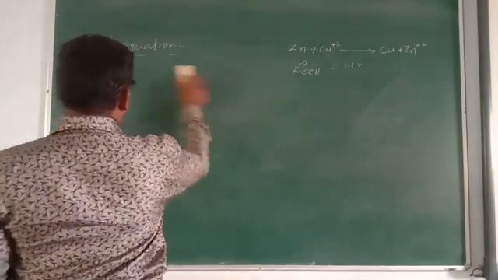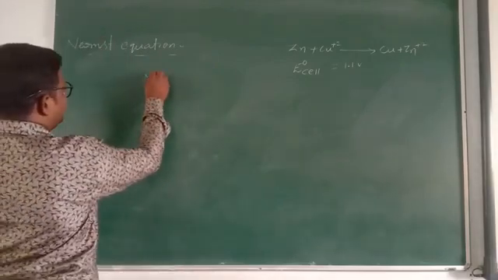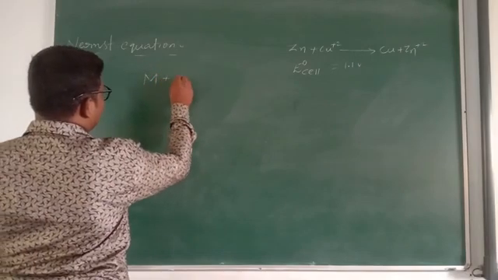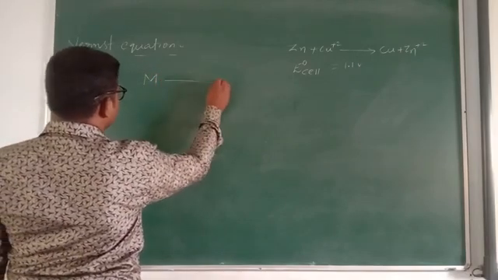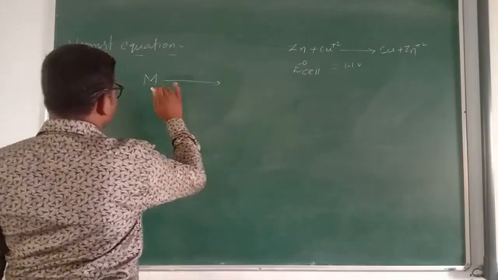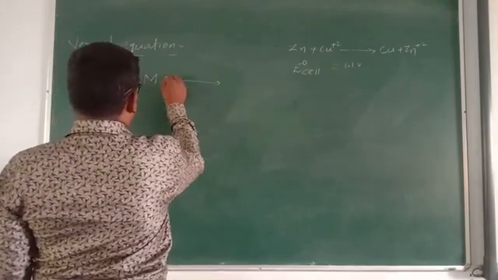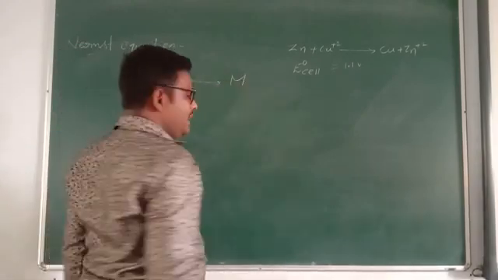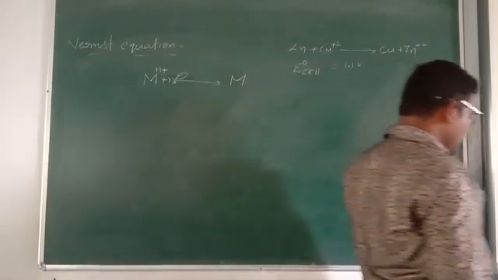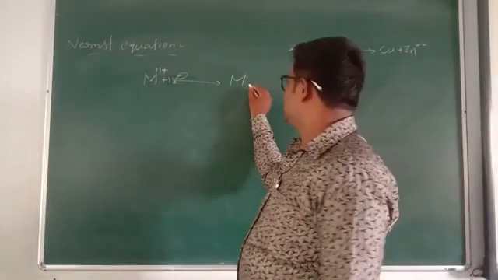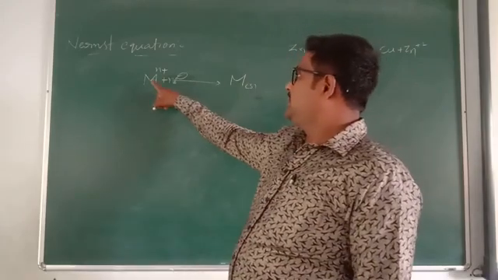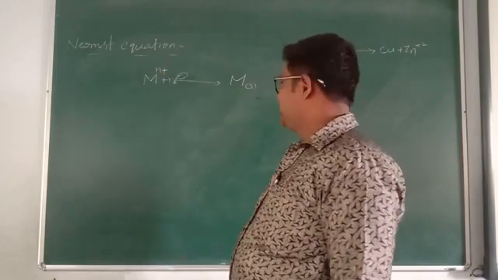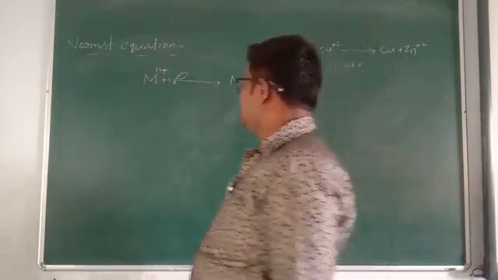Let us take the reaction of an electrode M. A metal ion with a positive charge, M n plus, takes n number of electrons and converts to the metal, which is a solid.